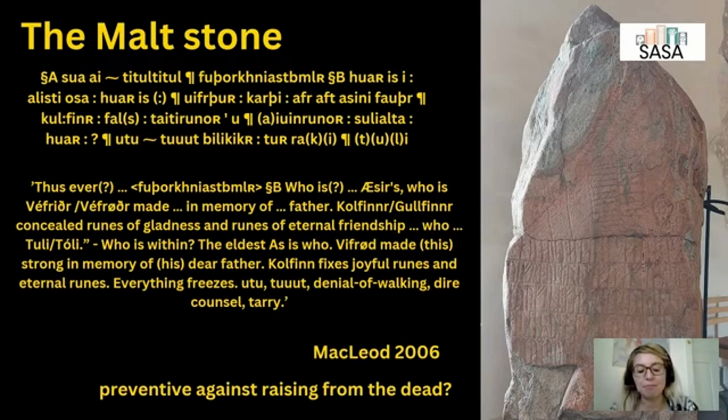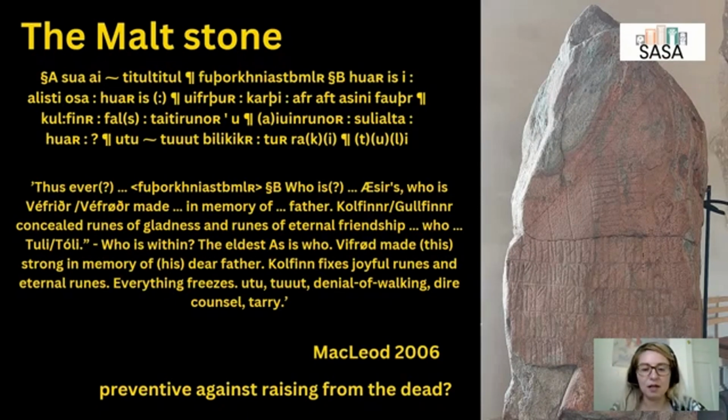We don't really know. And then it continues the very classical way with the name of the sponsor, Vefrider, who made this in memory of his father, and then the carver who concealed the runes of gladness and runes of eternal friendship. It's also very interesting.